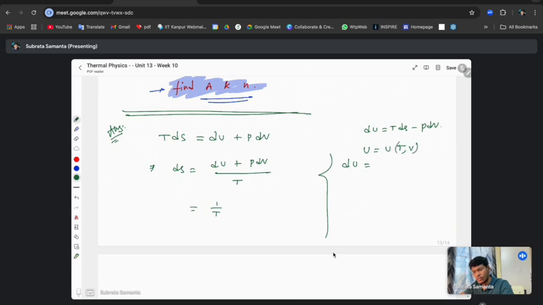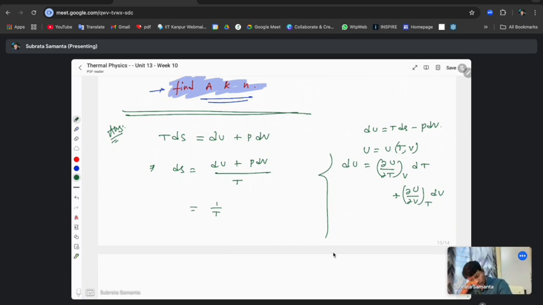Okay, and du is basically (∂u/∂T) at constant V times dT plus (∂u/∂V) at constant T times dV. So we put it here.